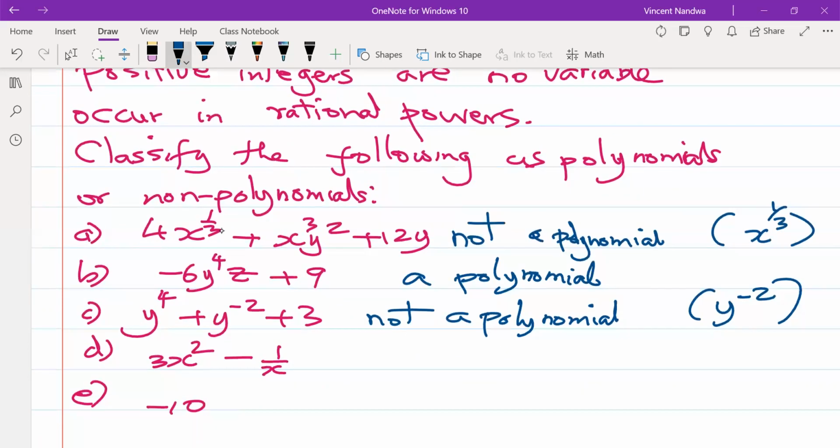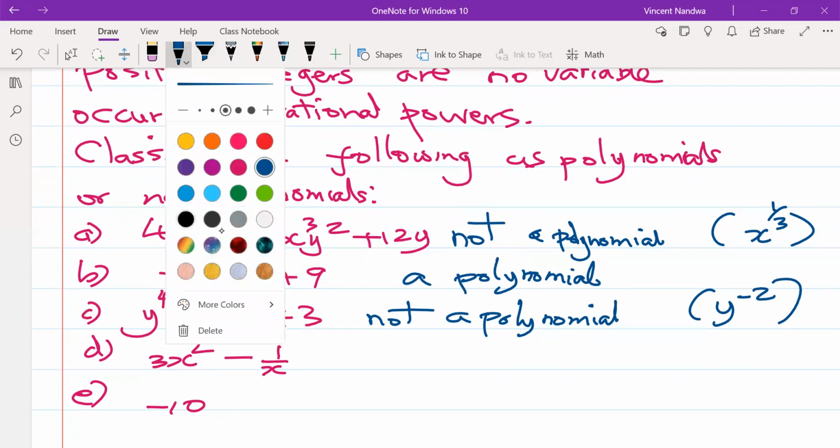D? It is. Are you sure that this is a polynomial?